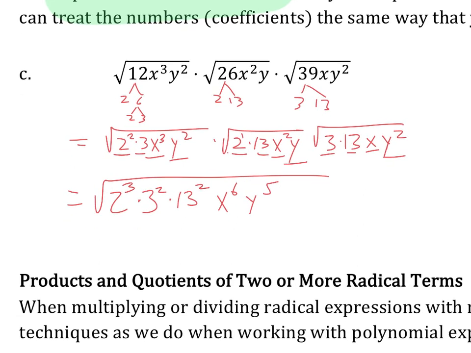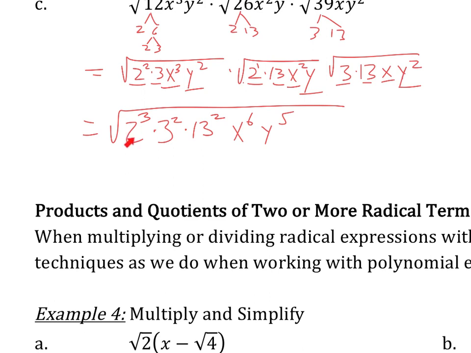Now again, we don't want to combine this yet because now we're going to do our simplifying. We're breaking it into 2 radicals: what we can simplify and what we can't. How about the 2's? Well, we can simplify 2 squared, but not 2 to the third. So I need to leave one 2 in the leftover category here. 3 squared, we can simplify the square root of 3 squared, right?